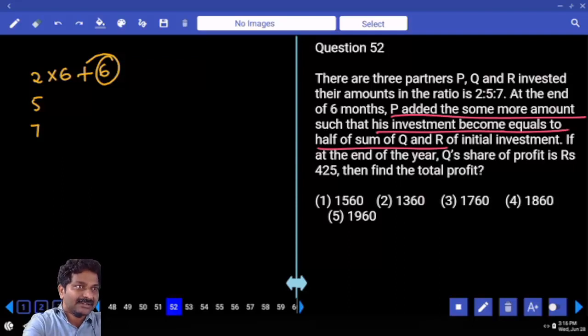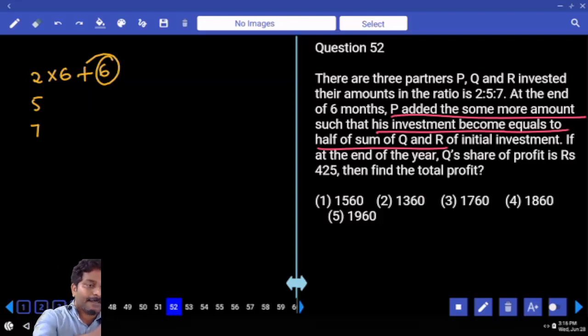You don't have to add it. Understood? How much did he add? He added 4 parts. Initially it was 2 parts, but now it becomes 6 parts. That means he added 4 parts. That some more amount is equal to 4 parts.